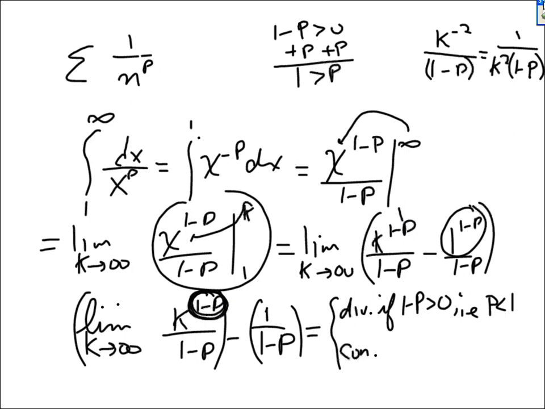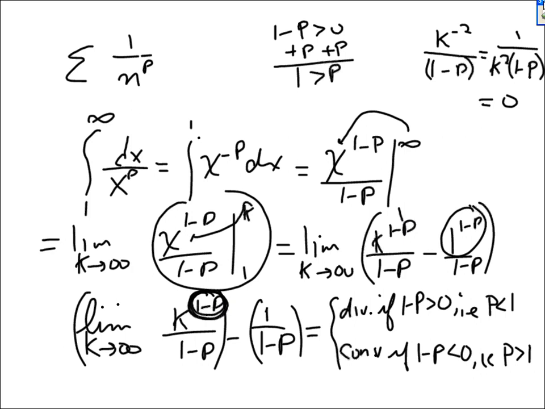And if k gets bigger and bigger and bigger, it goes to 0. If that power is negative, it converges if 1 minus p is less than 0. And that's going to happen when p is bigger than 1.